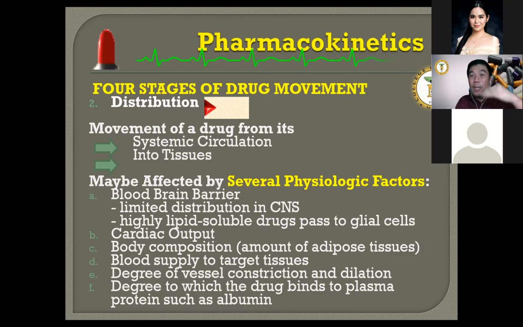Tapos eventually, 'di ba, as it goes on, if you will notice, nagbabago yung consciousness mo, nagda-drowsy ka, nagle-less frequent yung urination mo. Kasi alam niyo po that too much alcohol also slows the electrical impulse. So pag nag-slow ang electrical impulse, it causes also delay in response.